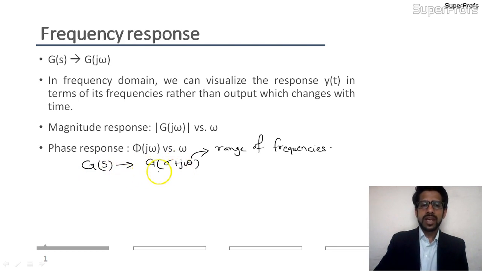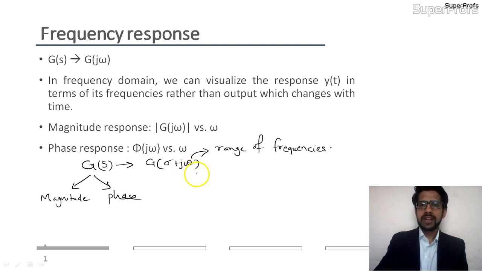As you know, s is a complex frequency represented as sigma plus j omega. We will be getting two parts of the response of G(s). One will be magnitude and the other will be phase.